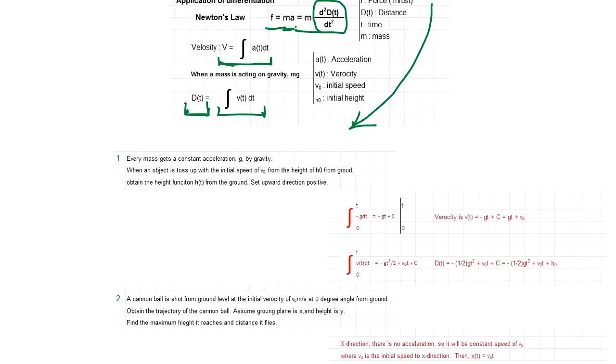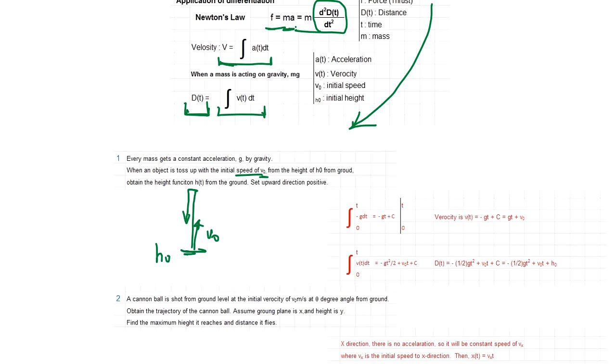Every mass gets the constant acceleration g by gravity when the object is tossed up with the initial speed v0 from the height h0 above the ground. So this is like this: height h0, initial speed v0, it goes up and comes back again.